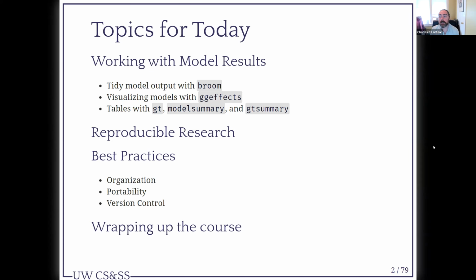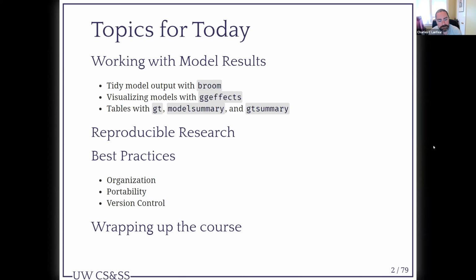What I'm going to talk about today are modern methods for extracting things from our model objects, and also plotting results from models and then getting results from models into nice tables in your documents. Things you'll probably all want to do at some point. So we'll spend about the first half on that.